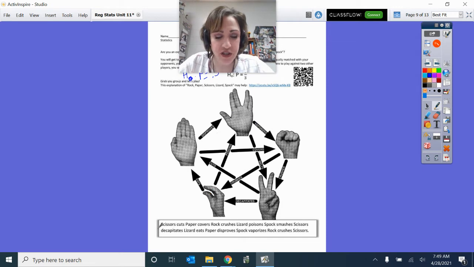Scissors cuts paper, which covers rock, which crushes lizard, and the lizard poisons Spock, which smashes scissors. And the scissors, of course, decapitate the lizard. But the lizard eats the paper, but the paper disproves Spock. And Spock vaporizes the rock, which crushes the scissors, of course.